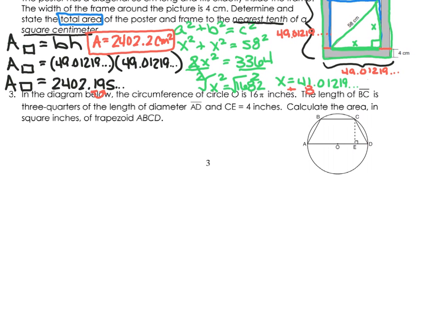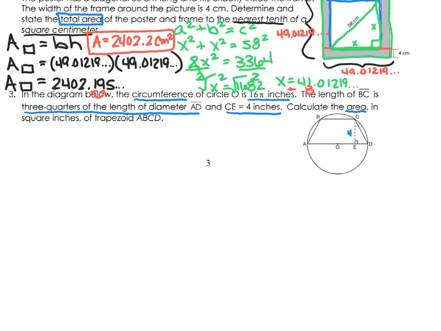Number 3. It says that in the diagram below, the circumference of circle O is 16 pi. The length of BC is 3/4 the length of diameter AD, and CE is 4 inches.